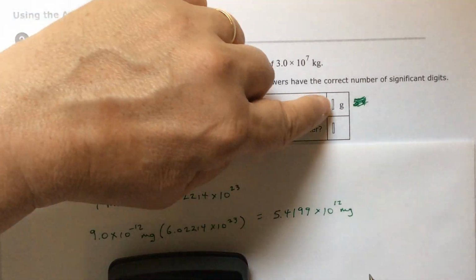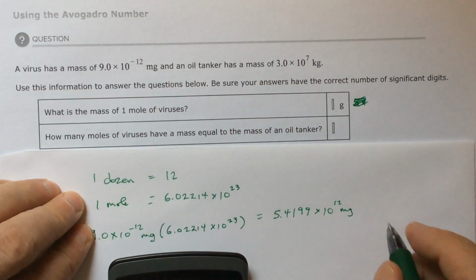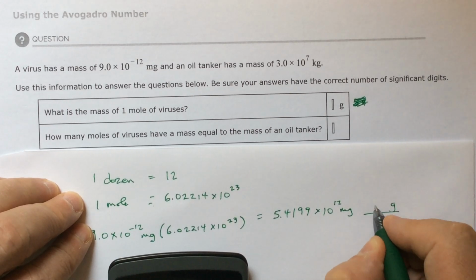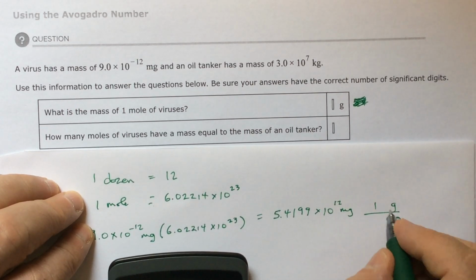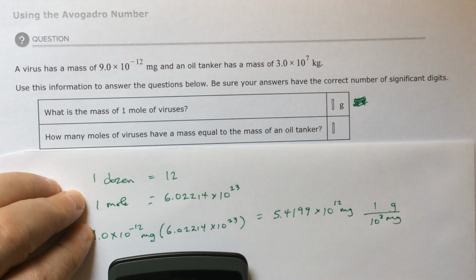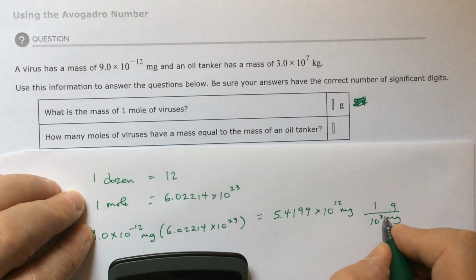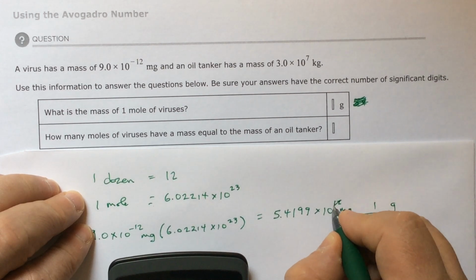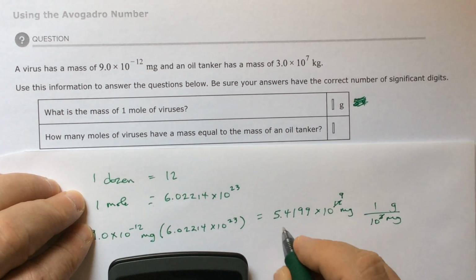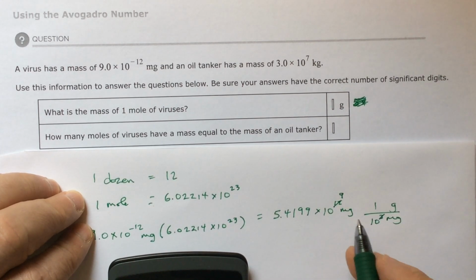They're asking us for grams, so I need to get rid of milligrams and find grams. Gram is bigger, so I'm going to put a 1 in for the gram. And there are 1,000, that's 10 to the 3 milligrams in a gram. So 3 of these cancels with 3 of these, leaving 9. So I'm going to have 5.4199 times 10 to the 9th grams.